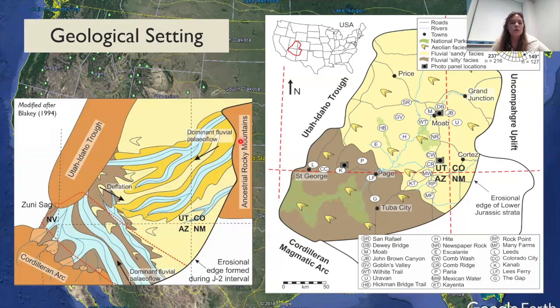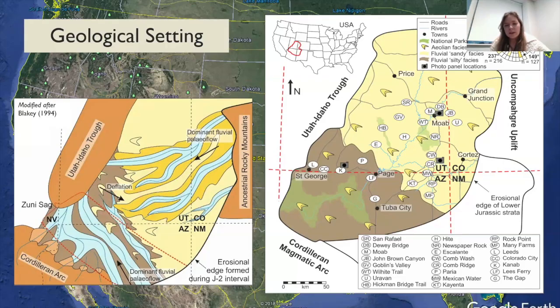One is sourced in the northeast, from the Ancestral Rocky Mountains, and the other is sourced from the southwest, near the Cordilleran magmatic arc. These two fluvial systems interact with each other, particularly around this region here.